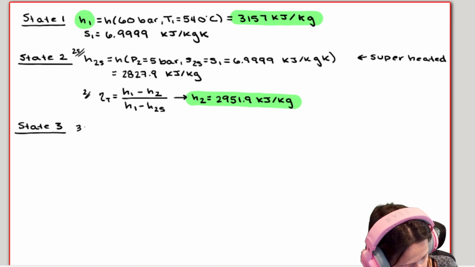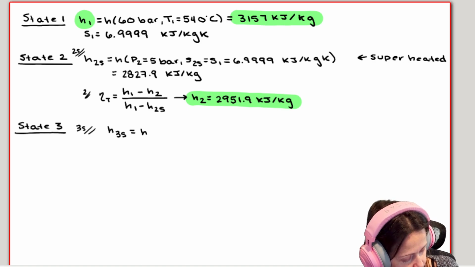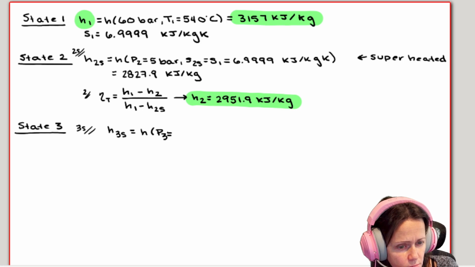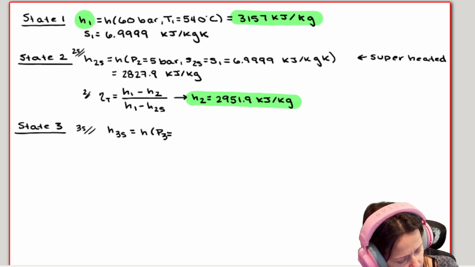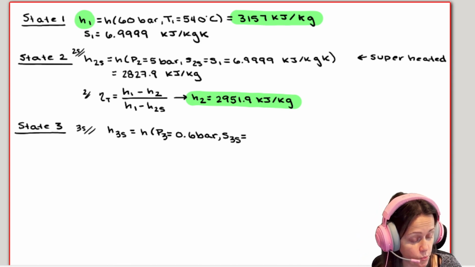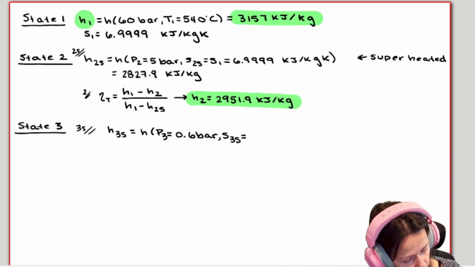So H3S, they give us the pressure. P3 was 60 kilopascals or 0.6 bar. But our S3S would be the same as what S2 is.